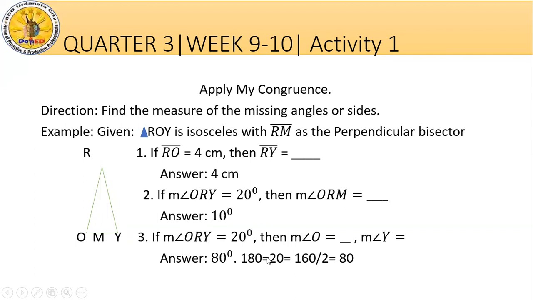So 180 minus the measure of the vertex angle, 20, is equal to 160. Then divided by 2, it is equal to 80. Okay, did you get it, class?